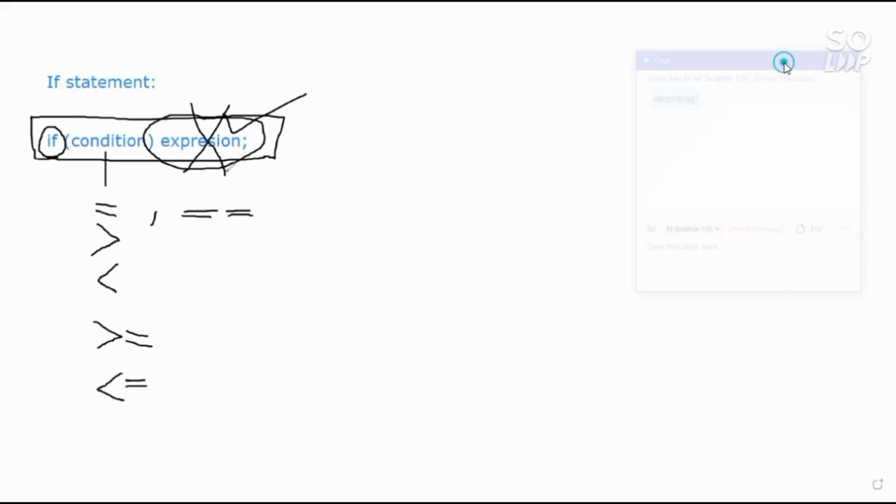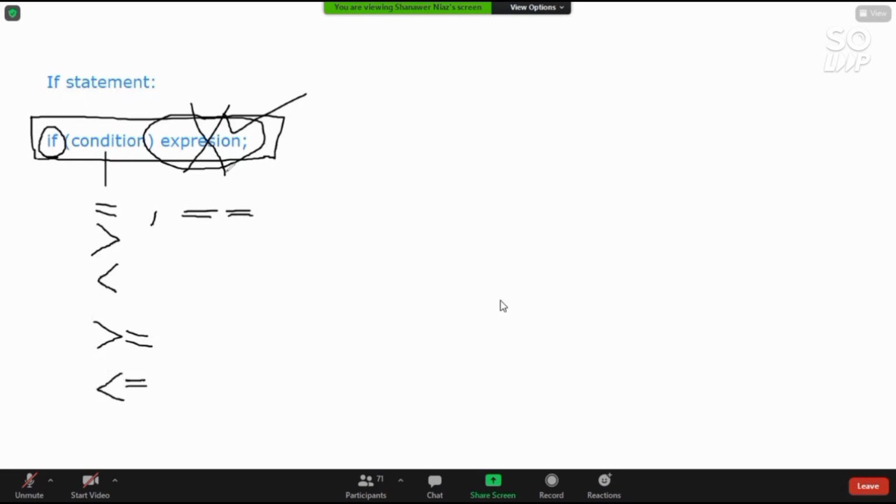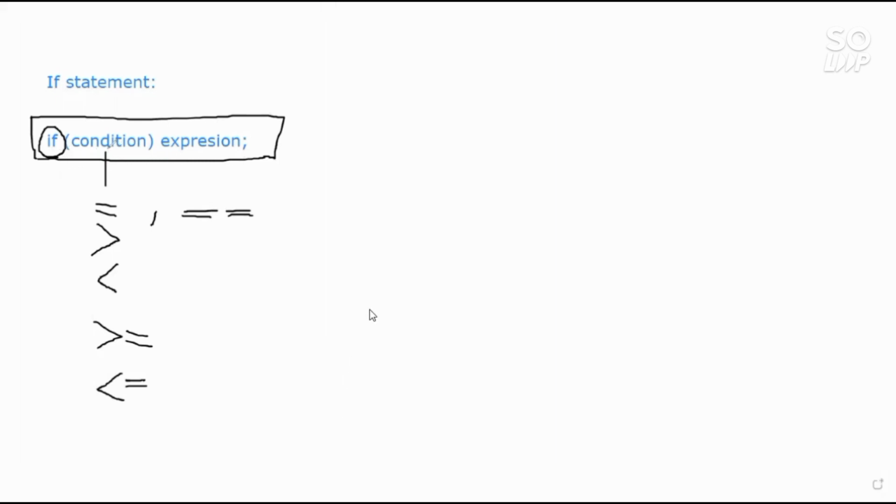So I will repeat again, because this is a very important statement which we usually use on various occasions in C++. There are three parts, namely if, then its condition connected with this if statement, and there will be an expression which is under that condition.